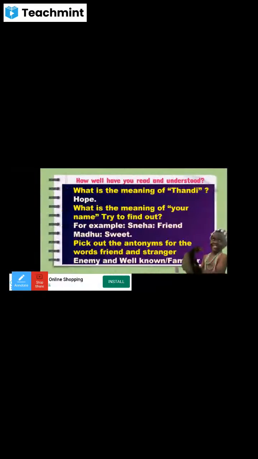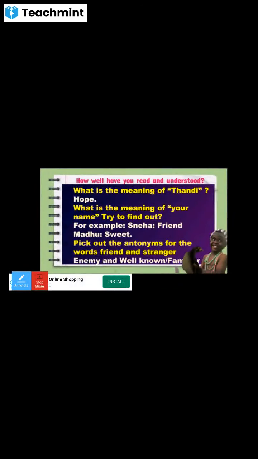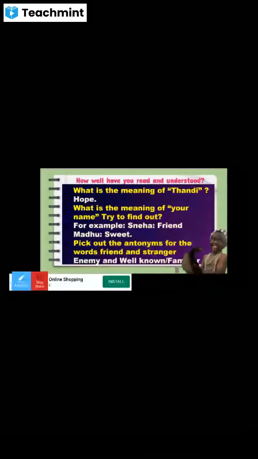Okay, next one. What is the meaning of Thandi? Hope. What is the meaning of your name? Ask your friends like Sneha. What is the meaning of Sneha? It's friend. What is the meaning of Madhu? Sweet. Okay, now pick out the antonyms for the words friend and stranger. So you listened to two words here, friend and stranger.